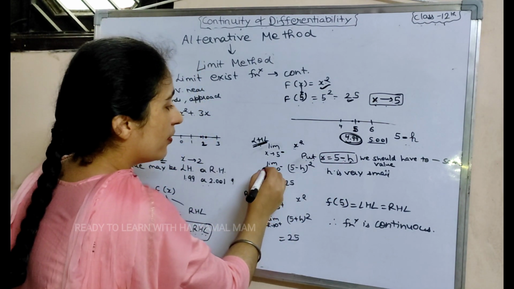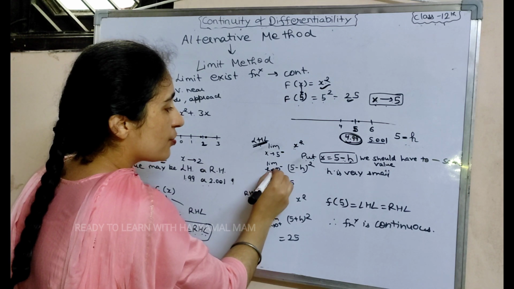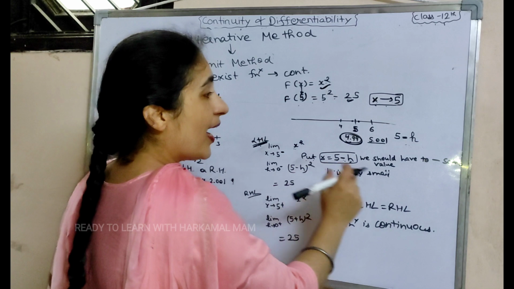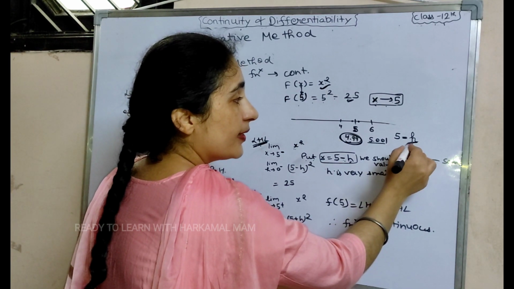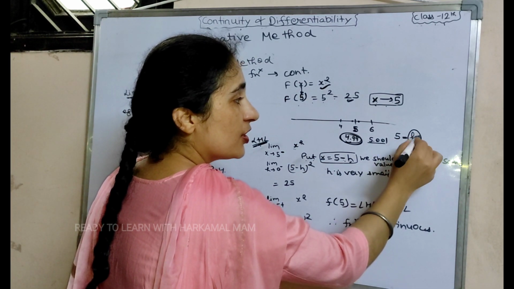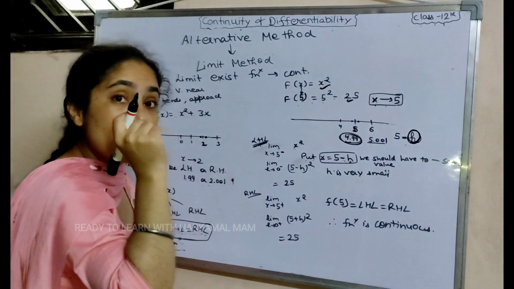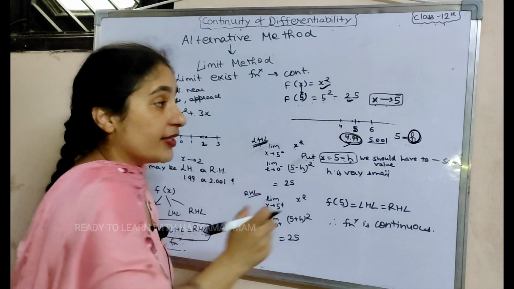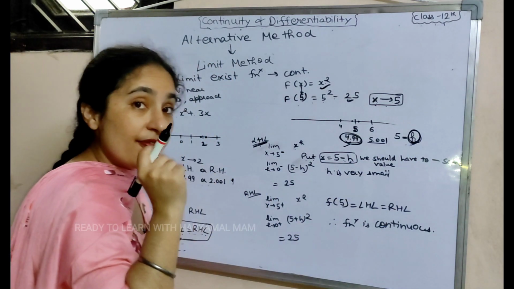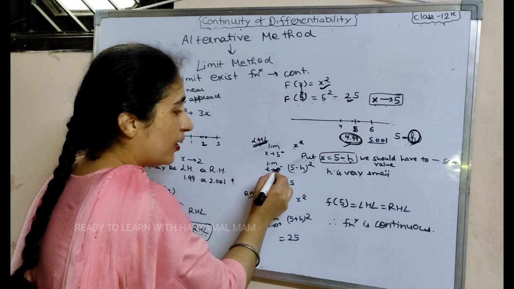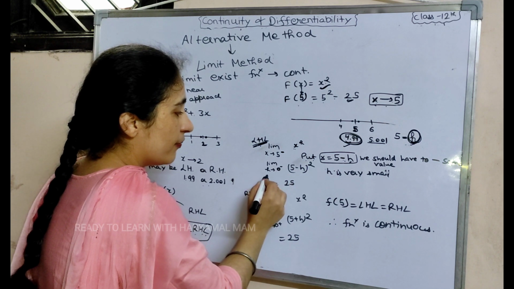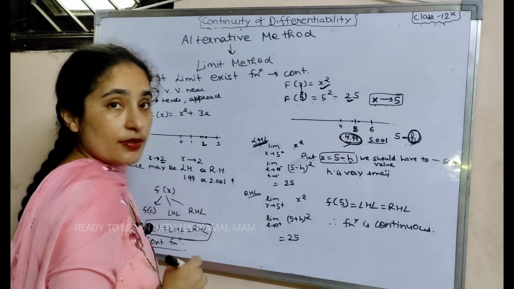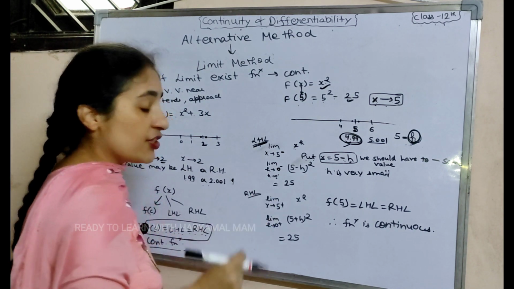So here we go, limit h approaches to 0 negative, 0 left. The value of h is very, very small, so small a number, that's why we have taken h approaches to 0 left.